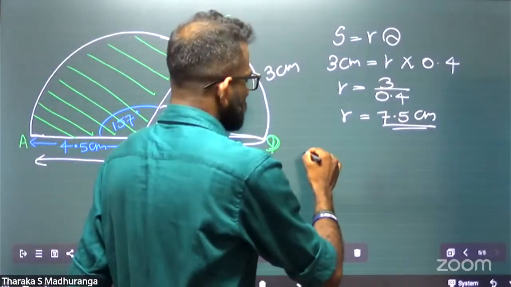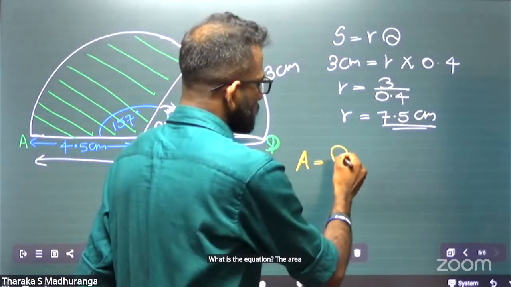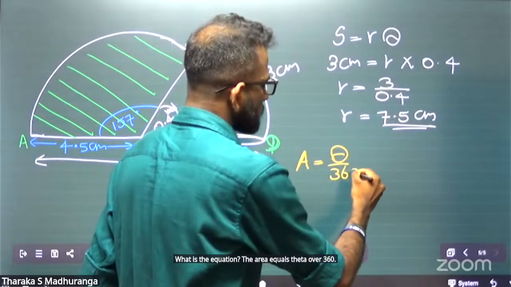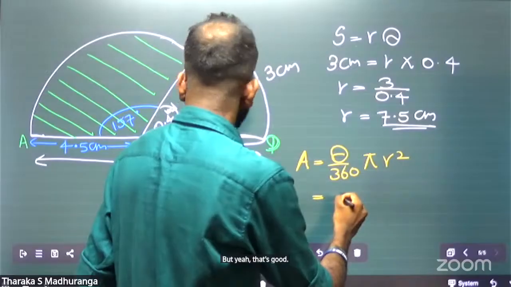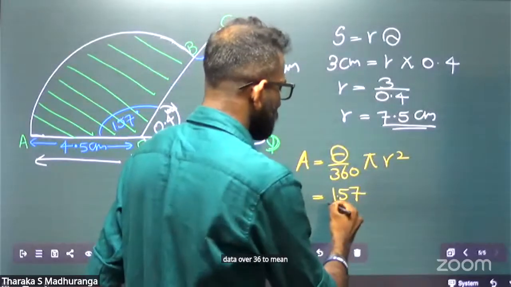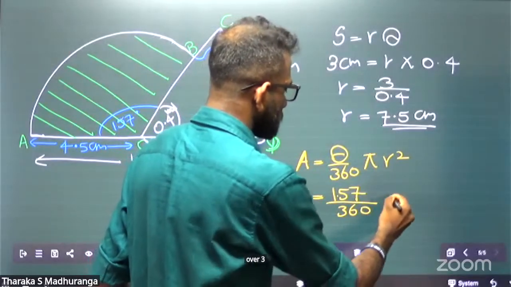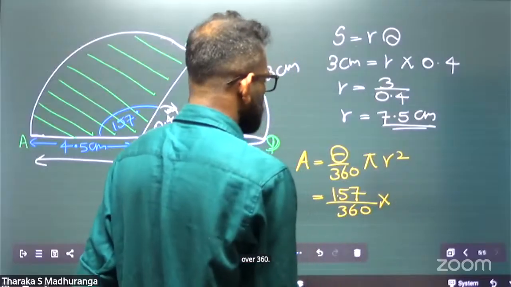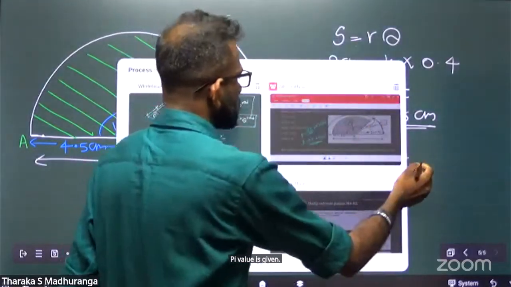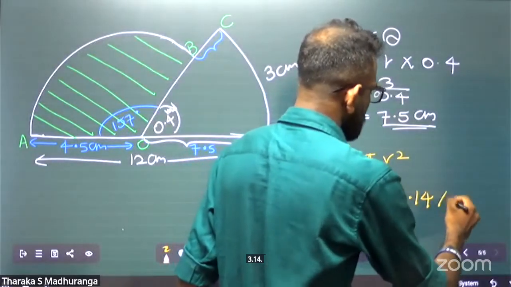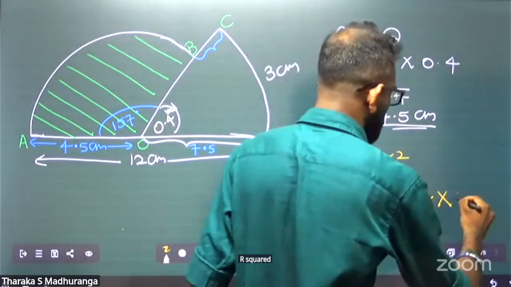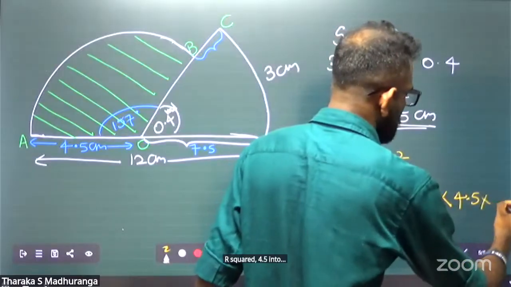What is the equation? The area equals theta over 360 times pi r squared. Theta over 360 means 157 over 360. Pi value is given, 3.14. R squared is 4.5 into 4.5.